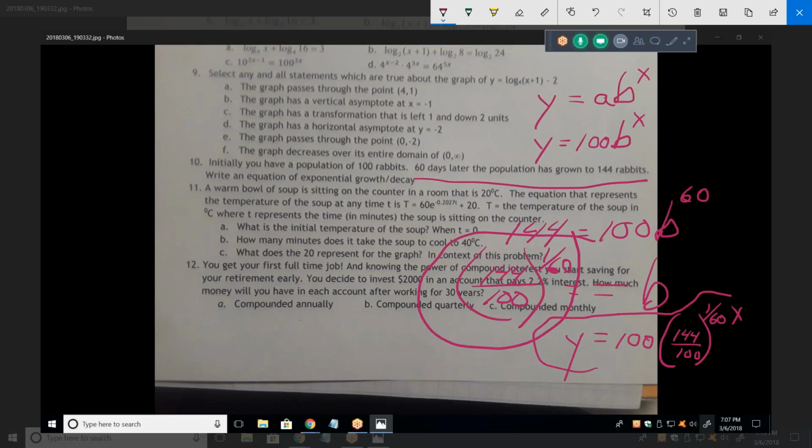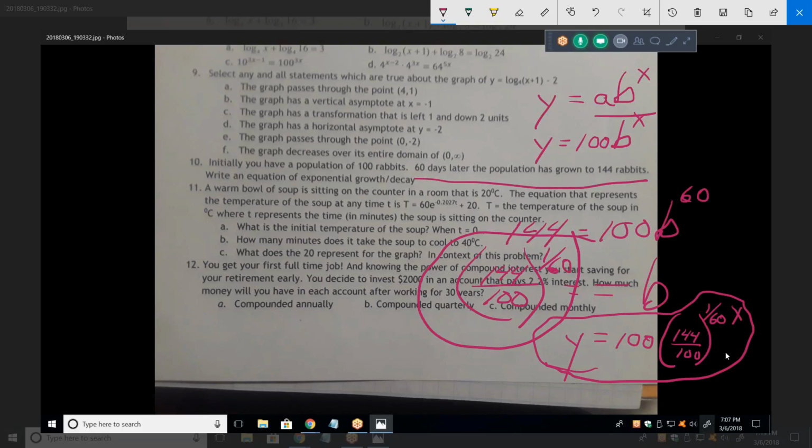It's just like whenever you do any of them, where you're talking about direct relationships or inverse relationships, and you have that K, you solve for K using the X and Y that they give you, but then once you've done that and you go back and you give the specific equation, you bring back the X and the Y and you fill in for A and B. All right.